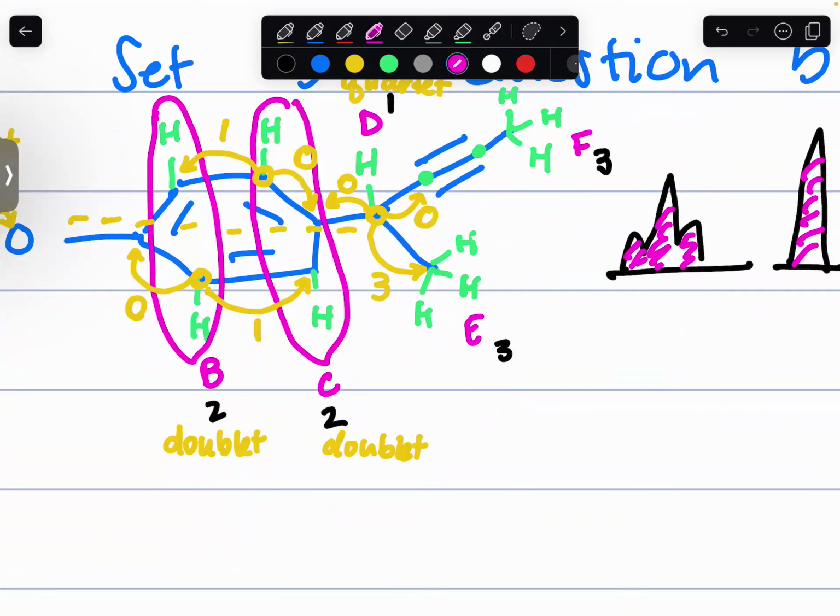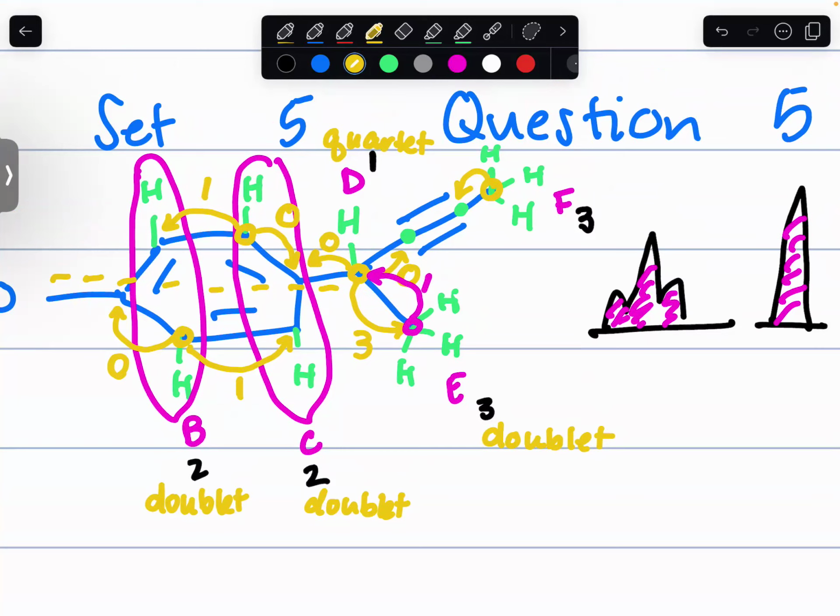E, I'll use a different color so it's not confusing. We have our center, we only have 1 neighbor, and how many protons does this have? 1. So E should be a doublet. Now our last signal here, F, it also has only 1 neighbor, which has how many protons? 0.